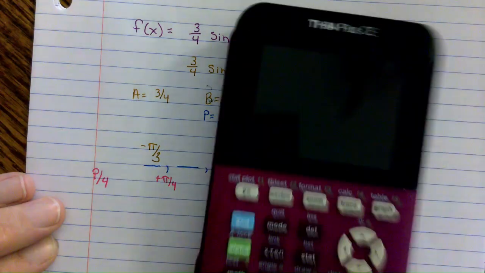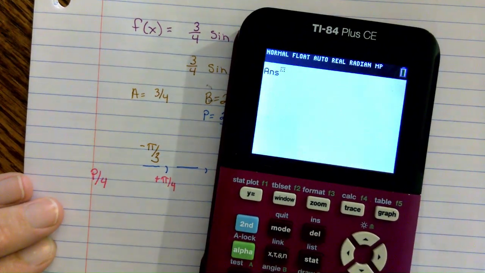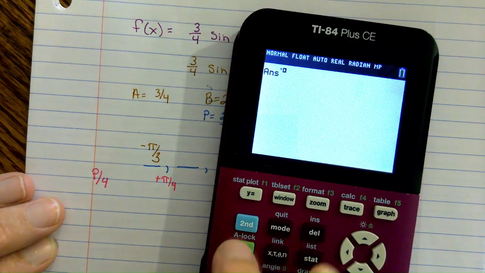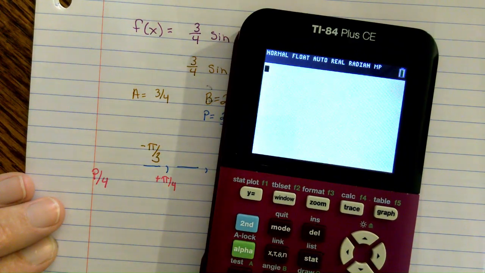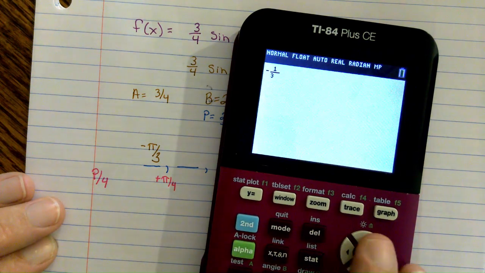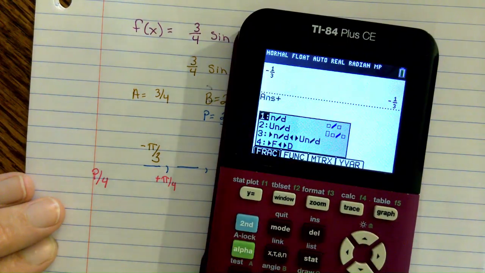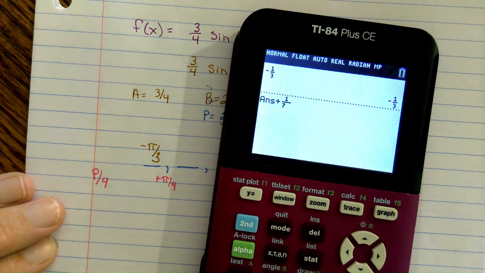Okay, so we're at negative 1/3 right now. We need to add 1/4, not 1/7.